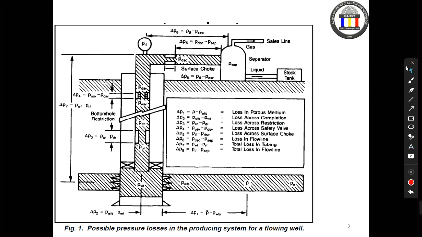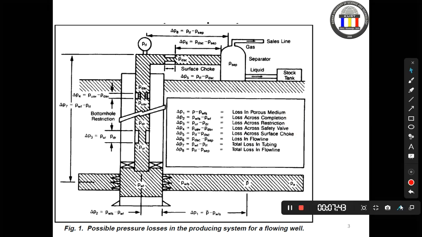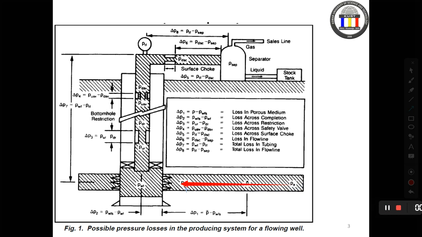Anyway, let me complete it. There are pressure losses from this point to this point. The pressure from here to here drops. Then from here to here, the pressure drops also. Then when it goes inside, the pressure drops also. When it goes through the restriction, pressure drops also.